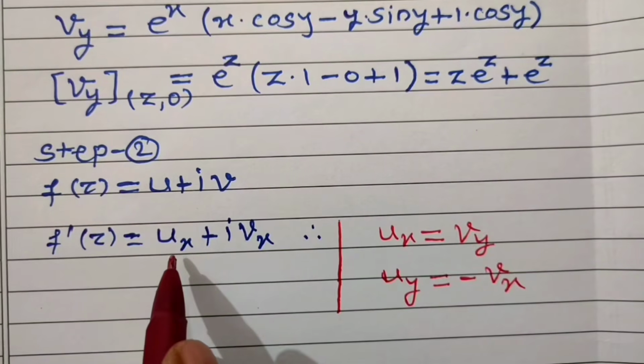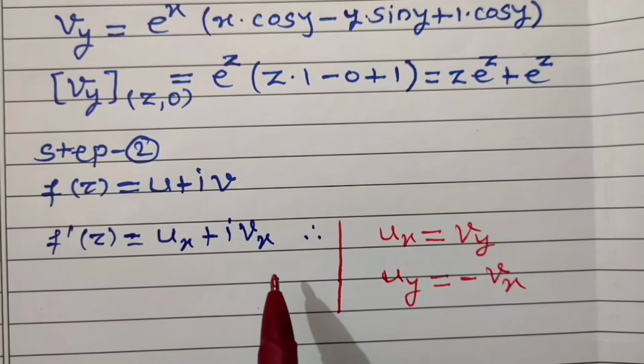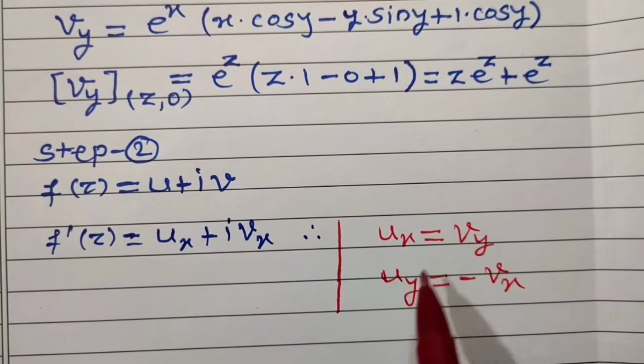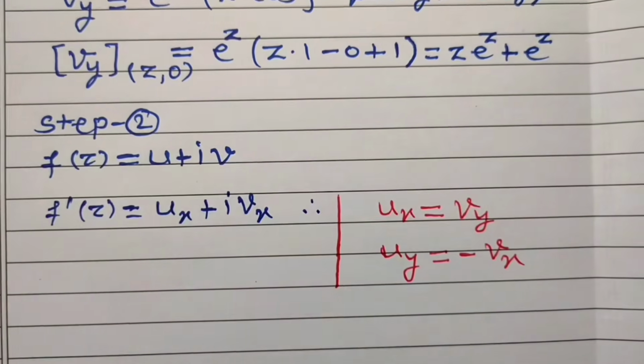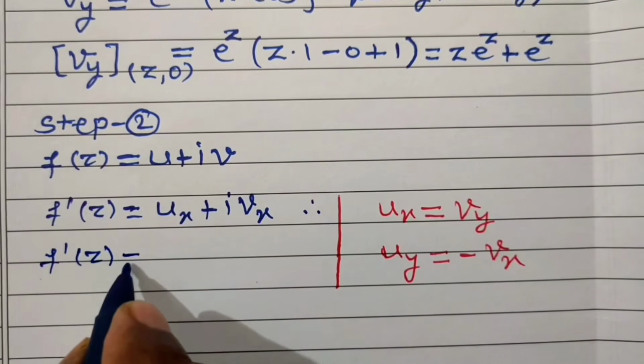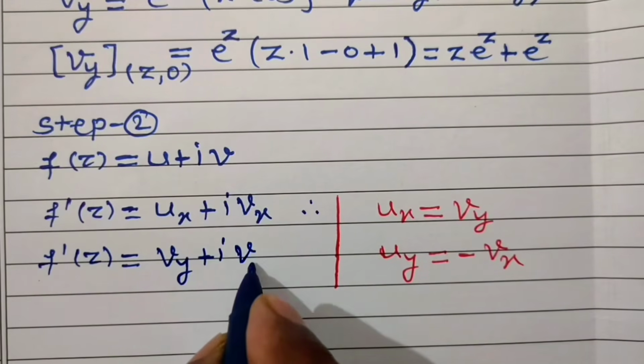Here we have to replace ux by vy because f of z is an analytic function. It must satisfy the Cauchy-Riemann equations, and these are the two Cauchy-Riemann equations. f dash z can be written as f dash z is equal to vy plus i vx.